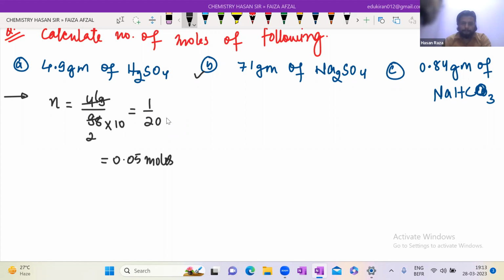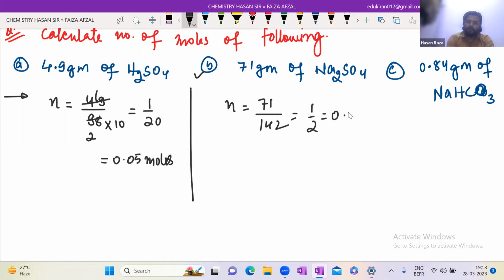Sir, 0.5. Very good. Given mass upon molar mass 142, 1 by 2, 0.5 moles.